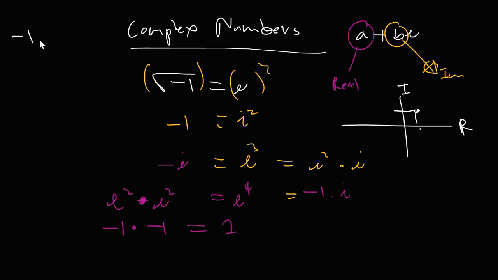Now we know that -1 is equal to i squared. That's what we just learned. We also know that root -1 is going to equal your i, and that i cubed is going to equal your -i, and we also know that your i to the power 4 is going to equal +1.